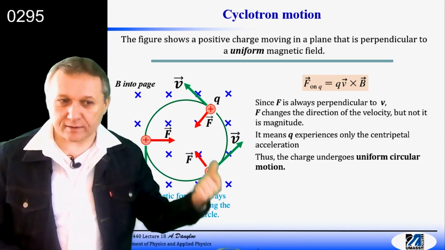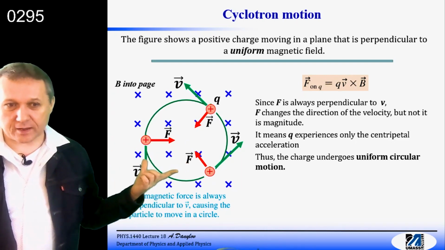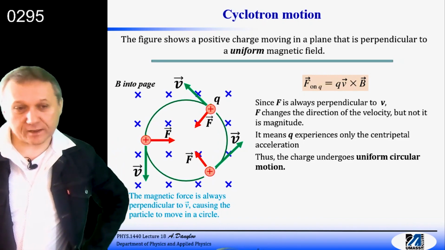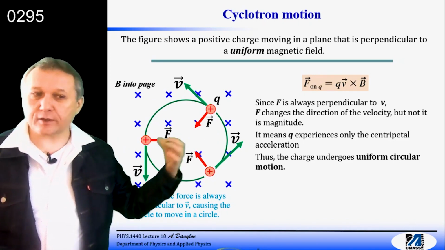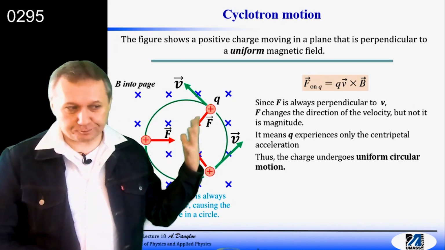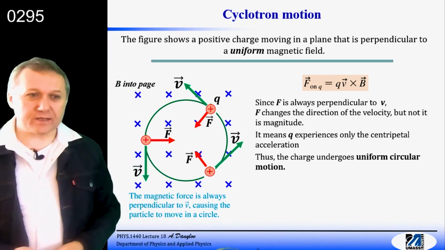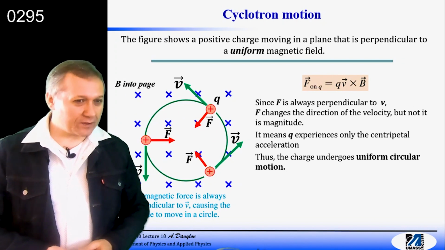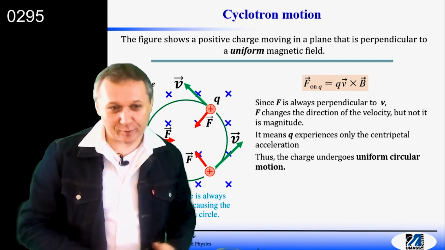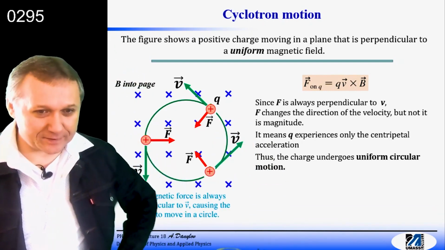Next class, next week, because the next class is an exam, we're going to start describing this cyclotron motion. We'll get the radius of the cyclotron motion, the period of the cyclotron motion, and some phenomena which keep us alive on the face of the Earth. Without that process, we would all be dead.